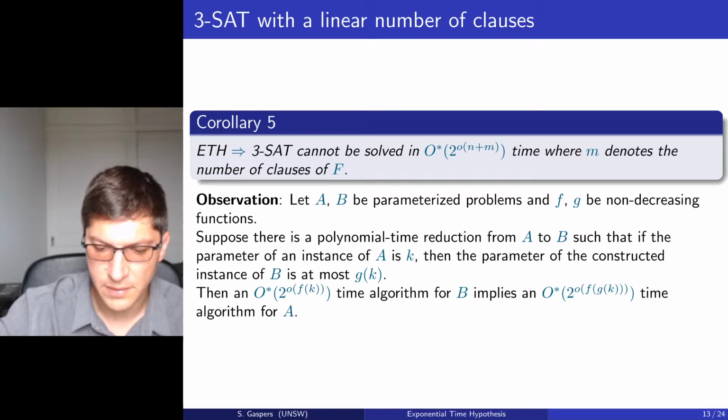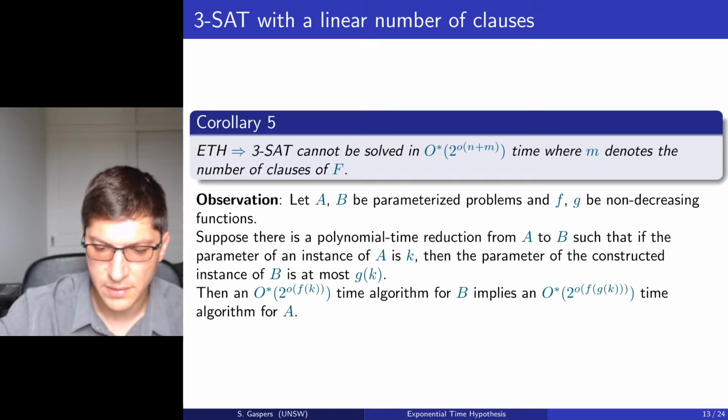So in total we get a sub-exponential time algorithm for A. So if A is SERF-reducible to B and A has no sub-exponential time algorithm, then we can conclude that B also doesn't have a sub-exponential time algorithm.